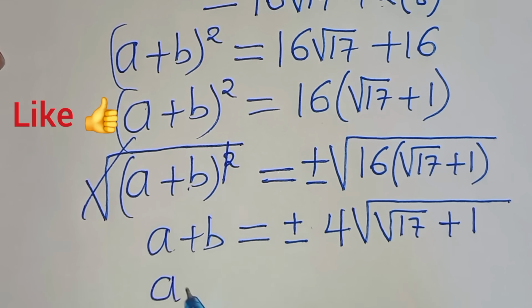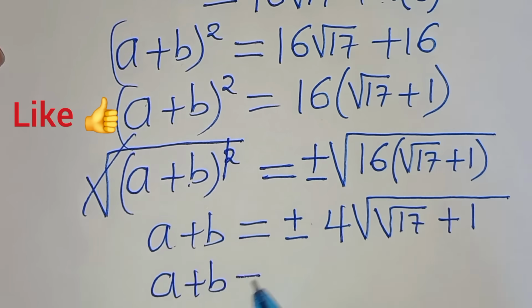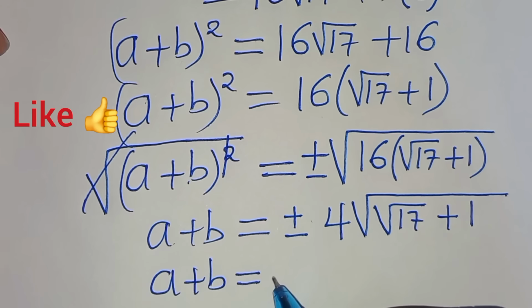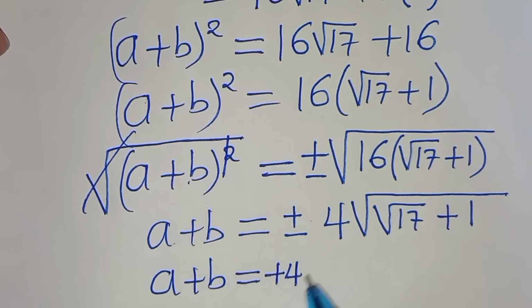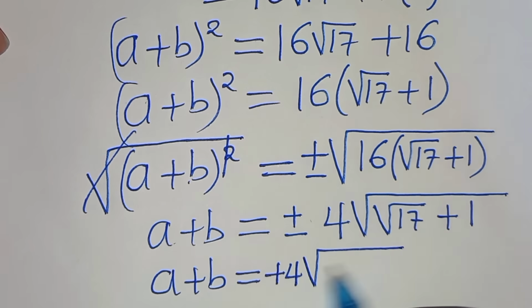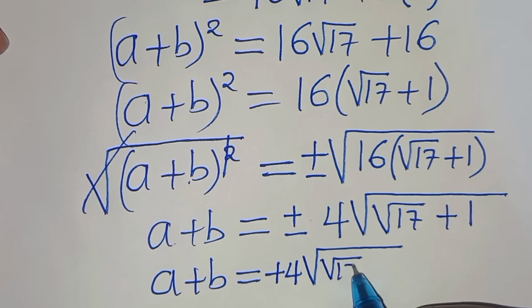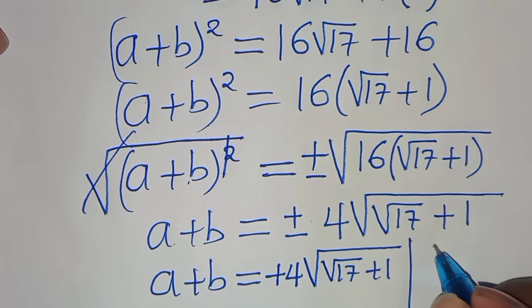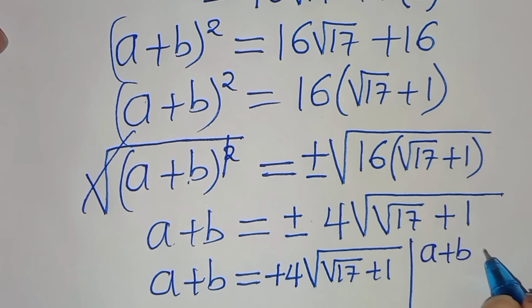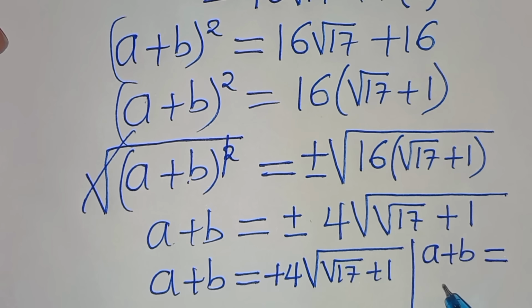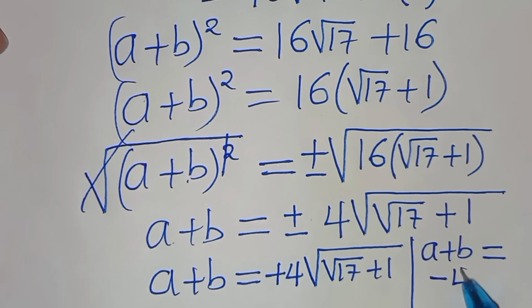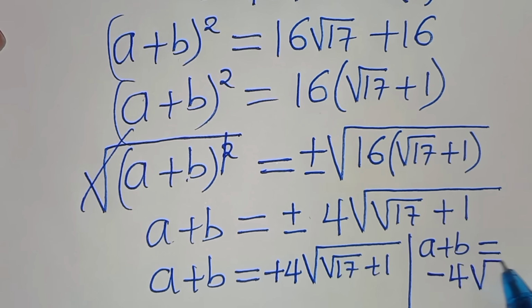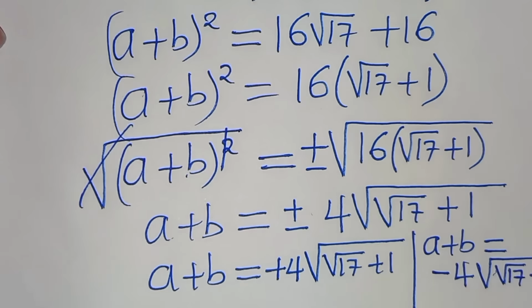That is a plus b equal to plus 4 square root of root 17 plus 1. And then we have that a plus b is equal to minus 4 square root of root 17 plus 1.